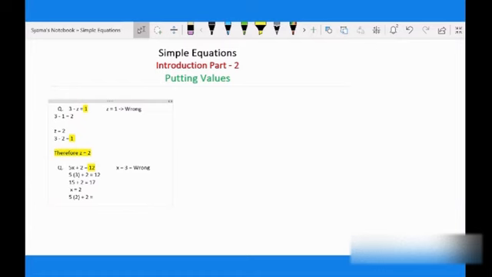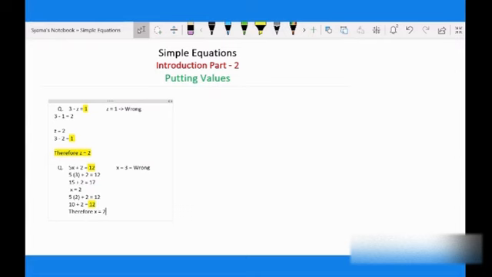When we solve it, 5 into 2 is 10, so 10 plus 2 equals 12. So we got our answer as 12. Thus, our answer is correct. Therefore, x equals 2.